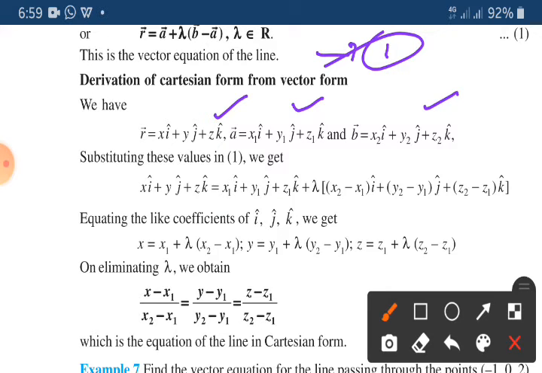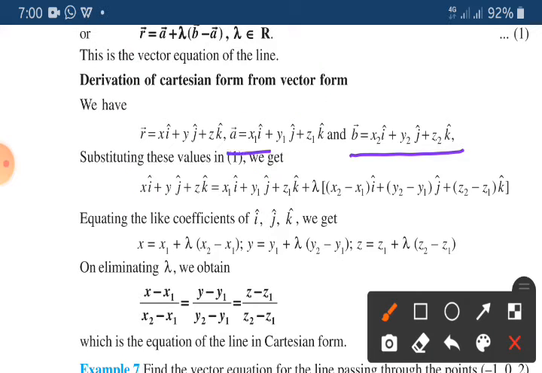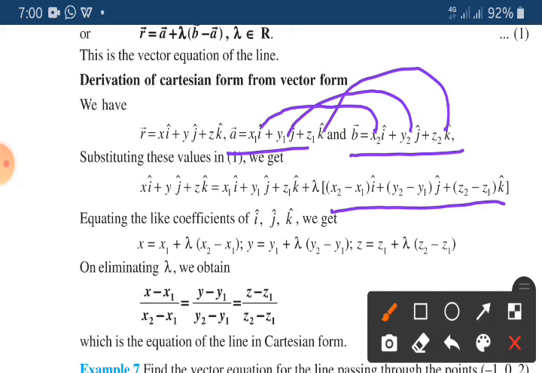Then we have x i cap plus y j cap plus z k cap equal to x1 i cap plus y1 j cap plus z1 k cap plus lambda of b vector minus a vector, so lambda of (x2 minus x1) i cap, (y2 minus y1) j cap, (z2 minus z1) k cap.